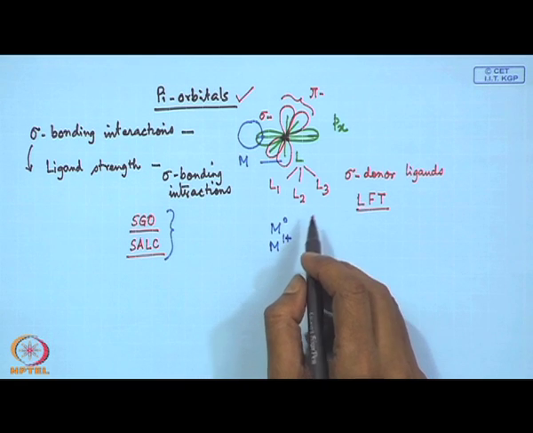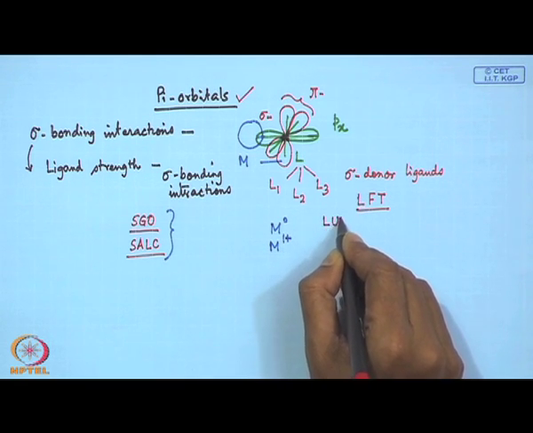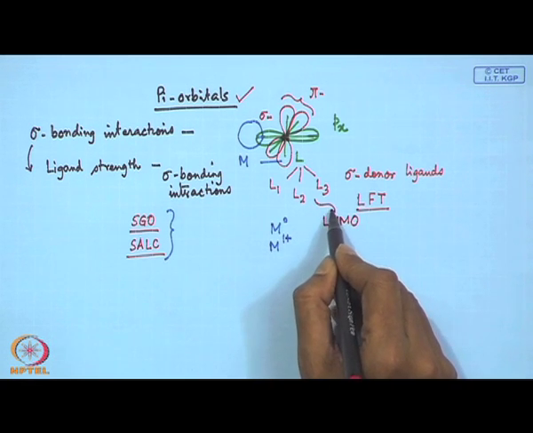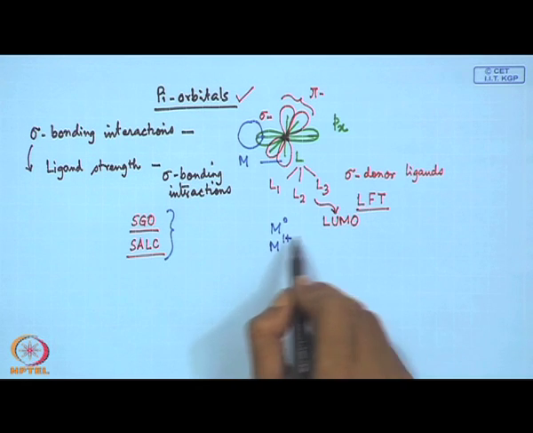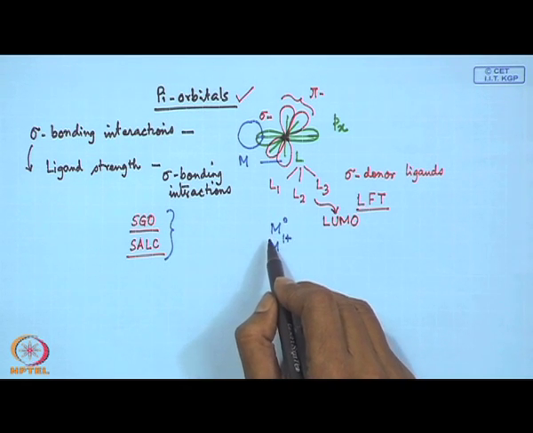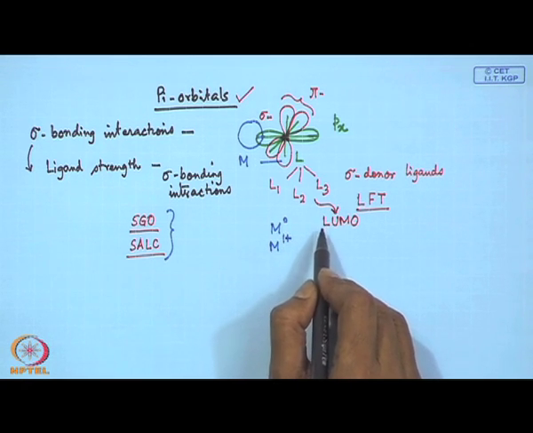Then if there is some vacant orbital, that means the lowest unoccupied molecular orbitals are available from the ligand side, then we can get some interaction where the electron density or the charge density from the metal side can be transferred to the ligand side.